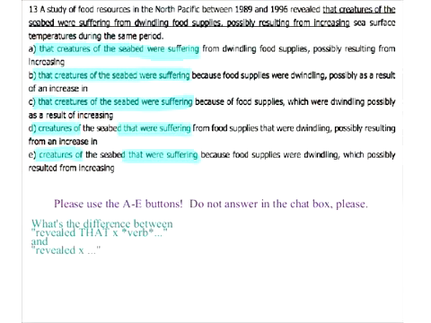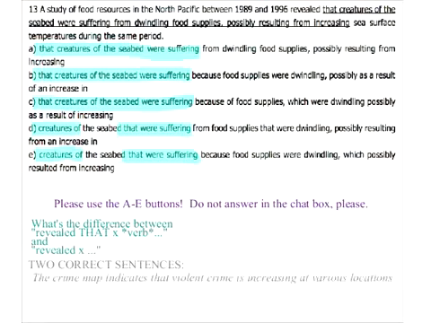So here are two correct sentences. The first one is this: the crime map indicates that violent crime is increasing at various locations in the city.